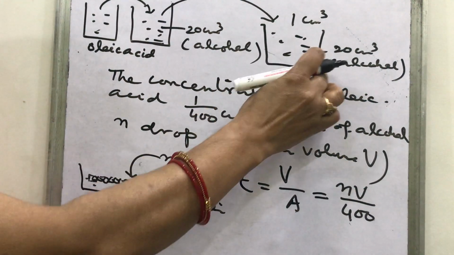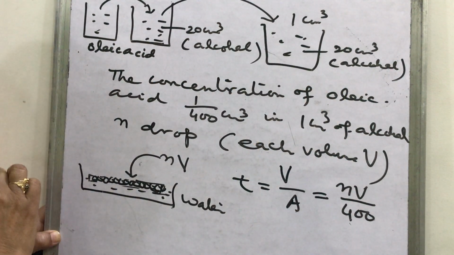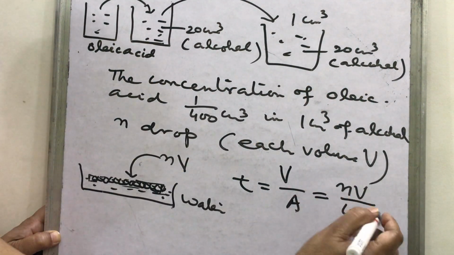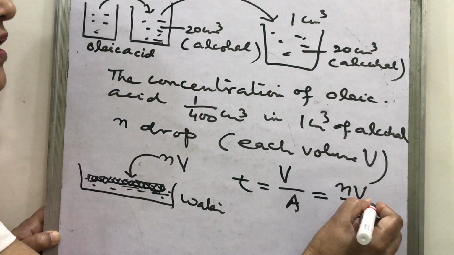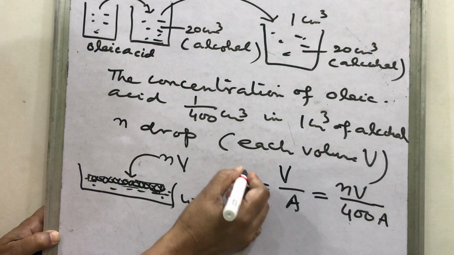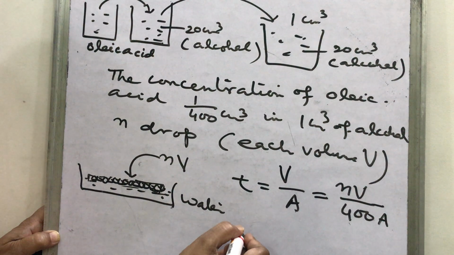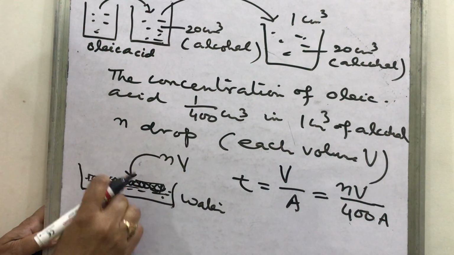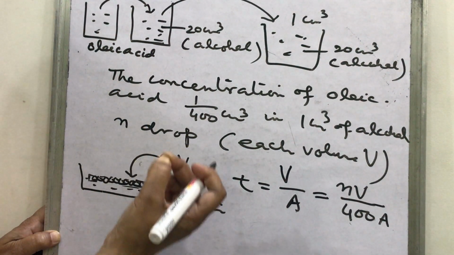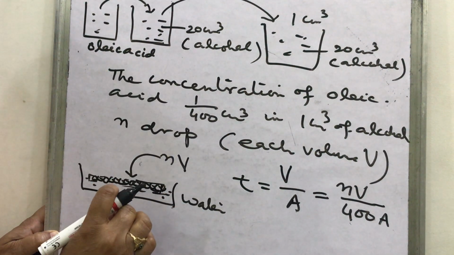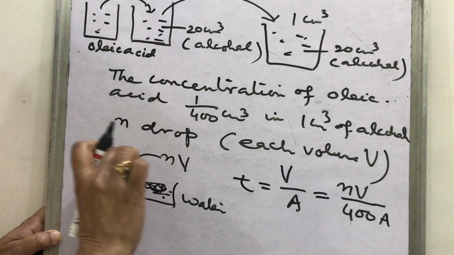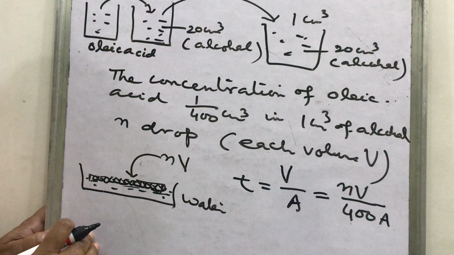We have taken 1/400 centimeter cube concentration, and upon area, so you have written here A. So, thickness is measured, and this thickness is supposed to be the diameter of the molecule of oleic acid, because single molecular size thickness is supposed to be formed.